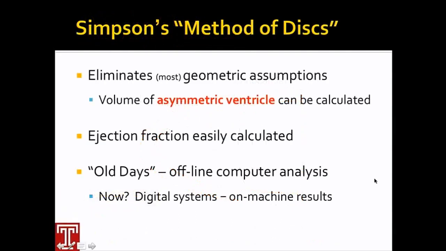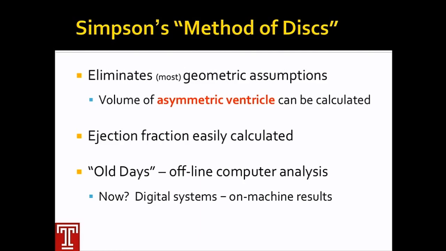Probably what you're most commonly familiar with and what you'll see most commonly on the ASE exam is Simpson's method of discs. This does have some assumptions of symmetry, but because you're dealing with multiple discs, it eliminates most geometric assumptions, and when done in a biplane fashion, can calculate the volume of an asymmetric ventricle quite clearly.